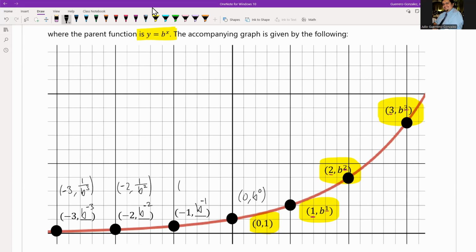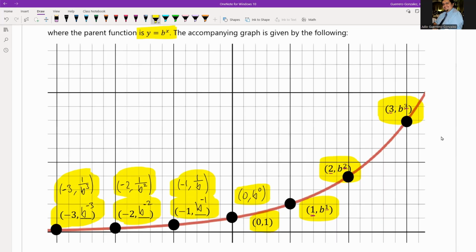Here, -1, comma, 1 over b. Okay, so the points follow along. Hopefully you guys see that, right? They're all different ways of writing the exact same thing. Got it?